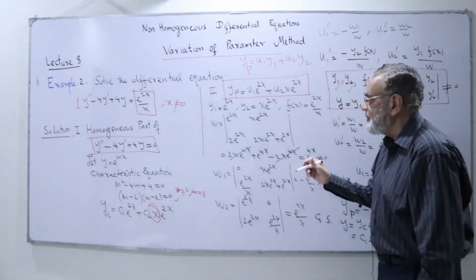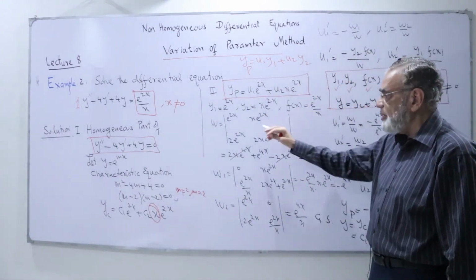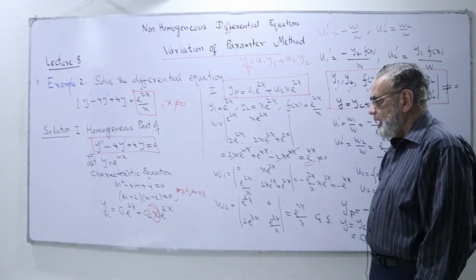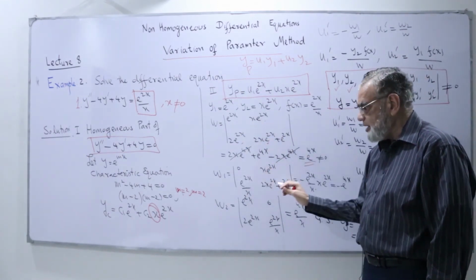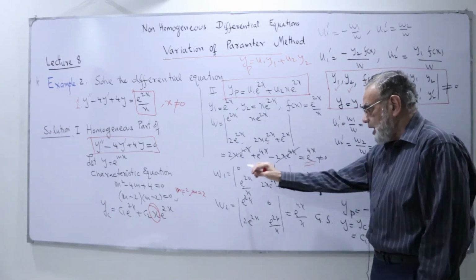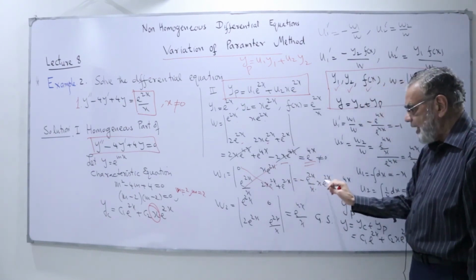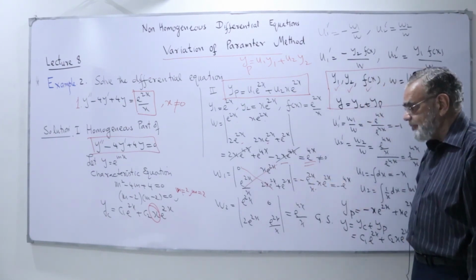So we are having now, this is my f of x, we are having W is y1, y2, y1 dash, y2 dash, solve it, we get e to power 4x. W1, this is 0, f of x, y2, y2 dash, solve it, this will be 0, and this here with the minus sign, we get minus e to power 2x over x, x is cancelled, we get e to power 4x.